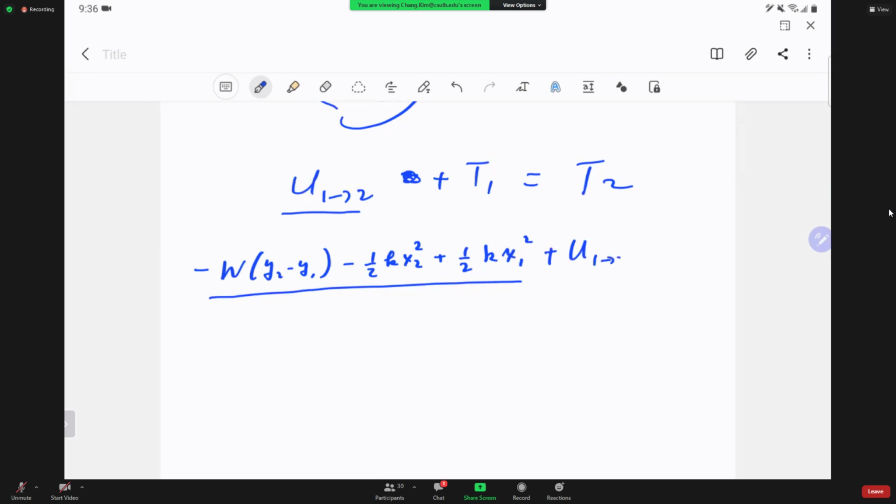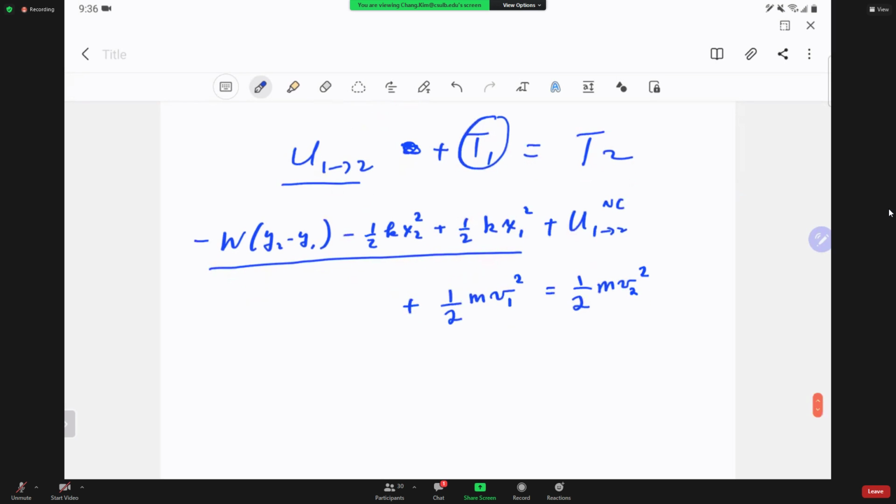And then there are the non-conservative forces, plus T1, which is 1/2 times m v1 squared, equal to 1/2 times m v2 squared. Now I'm going to collect the terms.